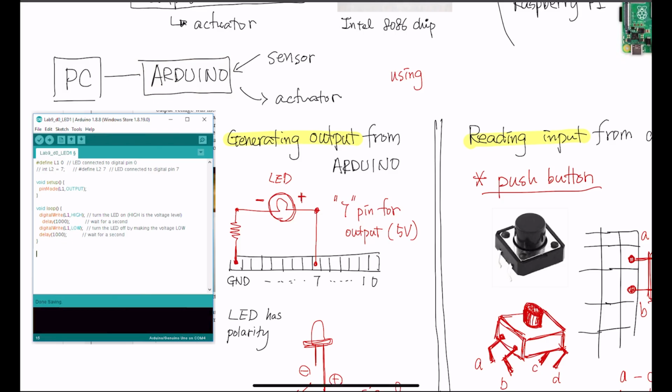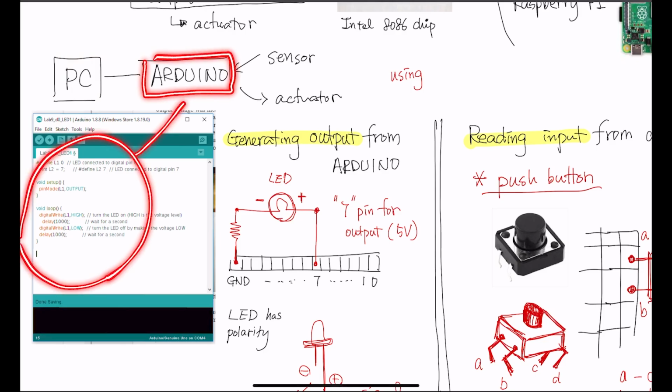But like I mentioned, this thing can read readings from the sensors, and it can generate some signals. First, let's focus on generating the output from an Arduino. Once you have this code from your PC and embed that into Arduino, Arduino is going to have this logic inside it.